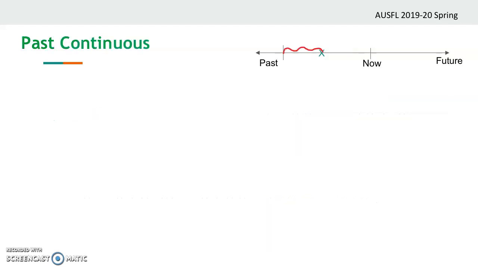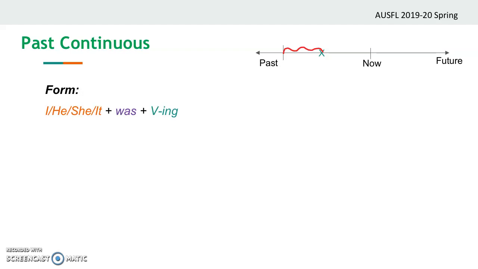And lastly, the past continuous. If you look at the timeline, you'll see that we use the past continuous to talk about actions that were in progress at a certain moment in the past. What about the form of the past continuous?